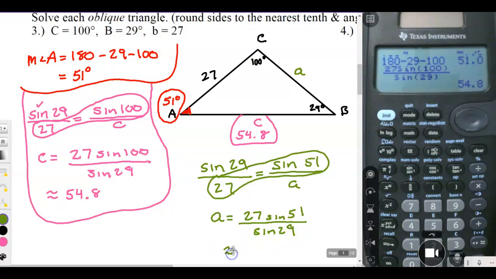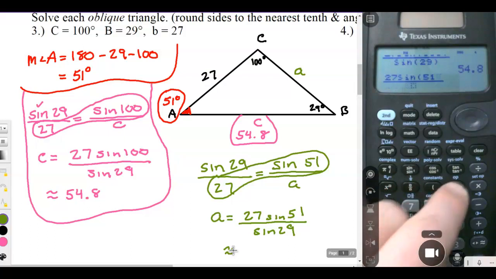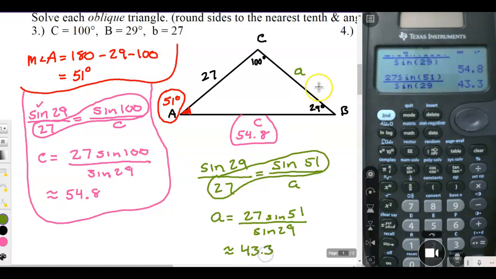That will be approximately, let's see, 27 sine 51 over sine 29, 43.3. So this side is 43.3.